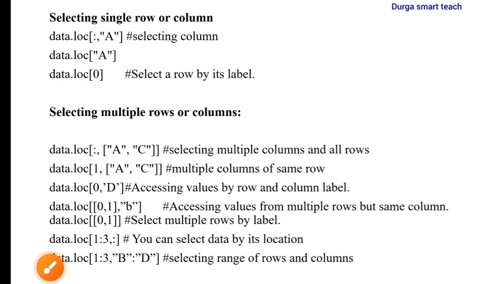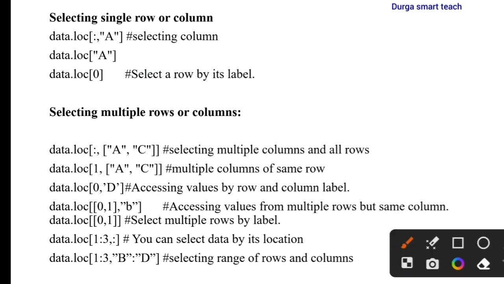Next, selecting multiple rows or multiple columns. Here all rows, because we used a colon, but the a and c columns. Next, the first row and the a and c columns, only one particular row but multiple columns.